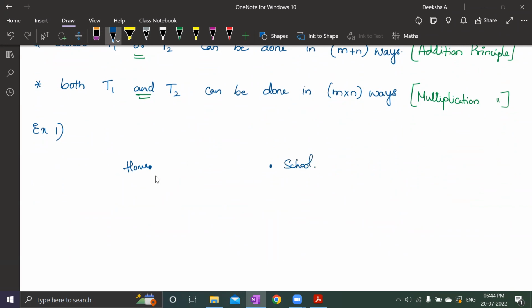He can go either by bus or by auto, his choice, but he can't choose both. If he wants to go by bus, let me assume there are four different routes, four different choices. And if he decides to go by auto, let me assume there are three routes.